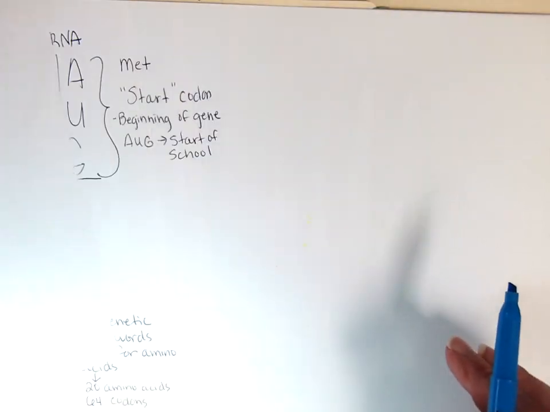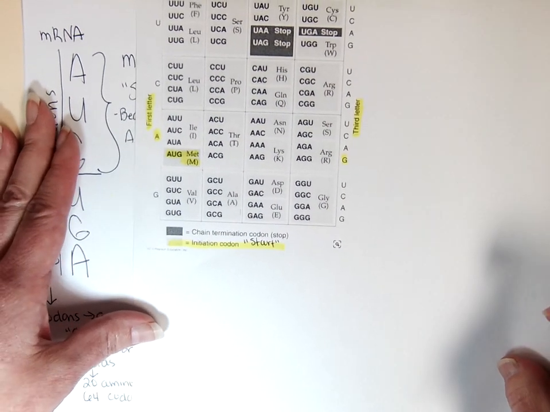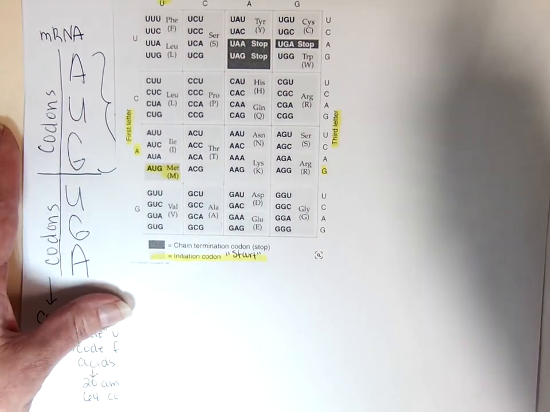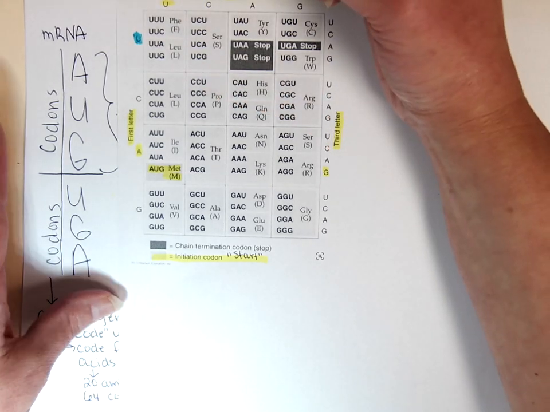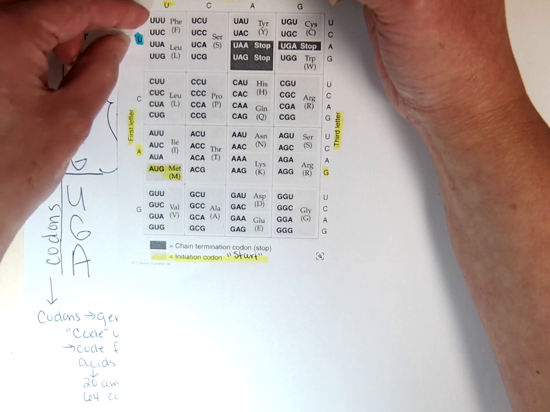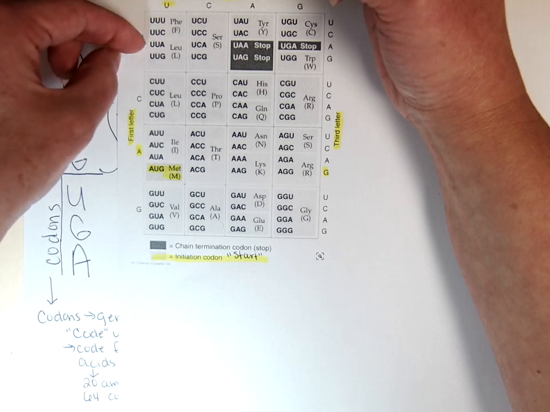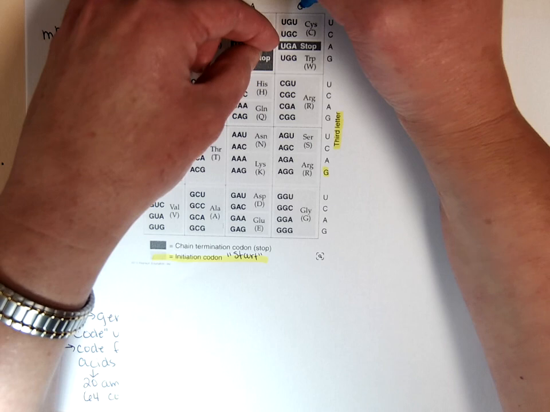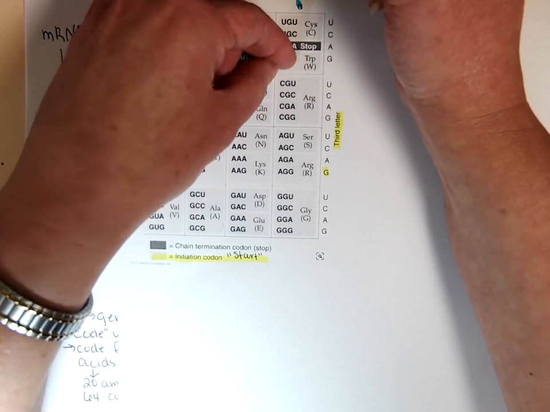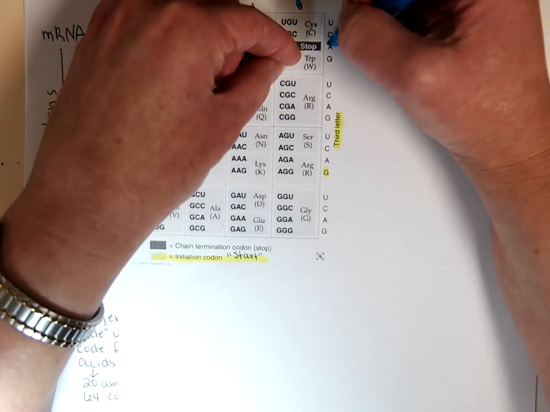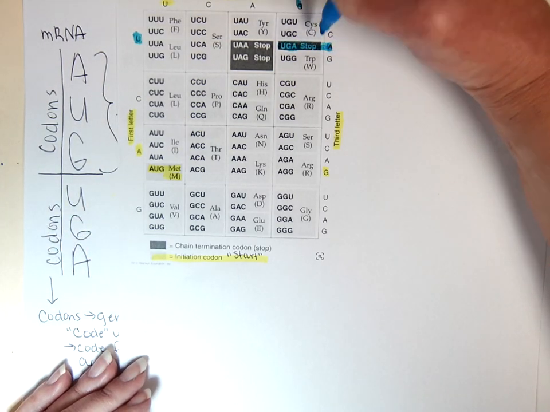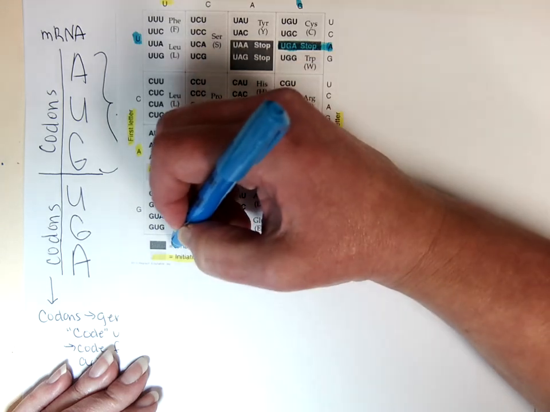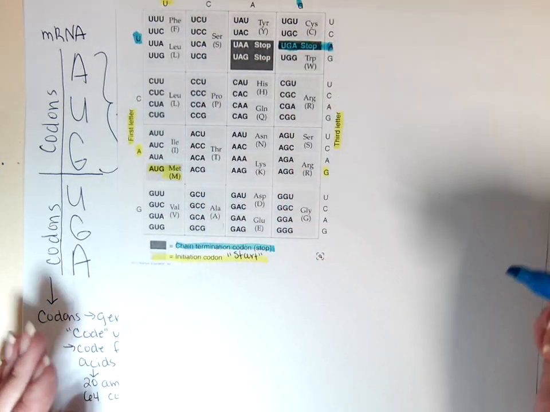Now if we look at it using our other traditional chart, here's our first base, which is the U, and now our second base is the G, so now we're here, and our third is the A. And where they all come together is UGA, which is the termination sequence.